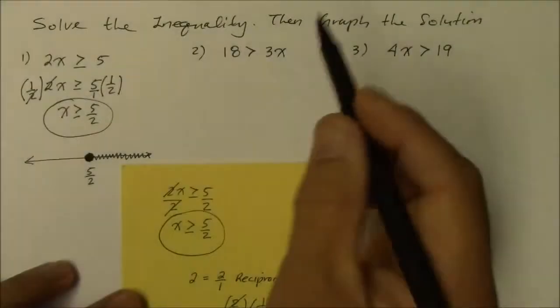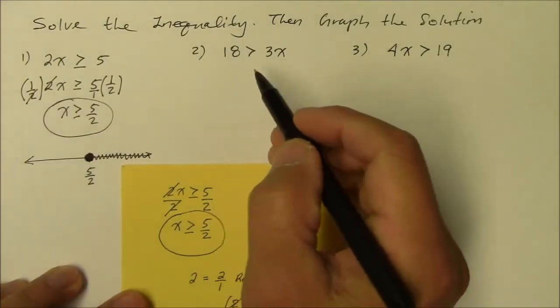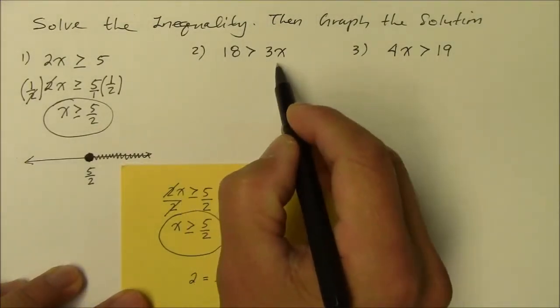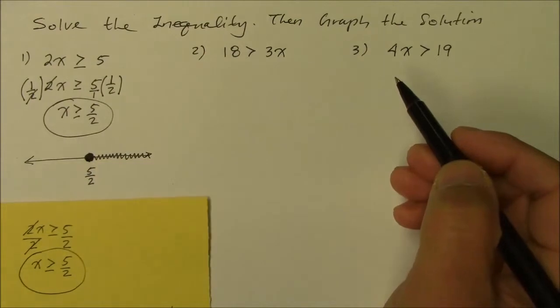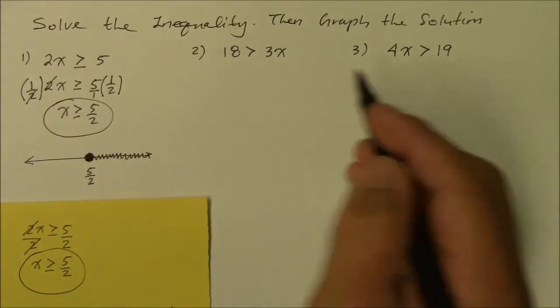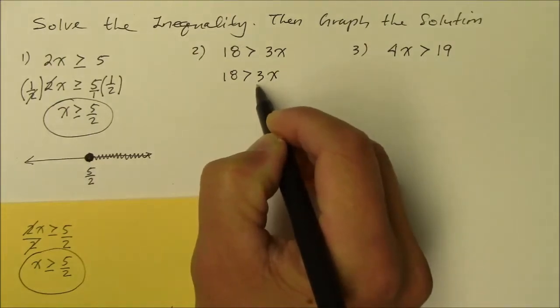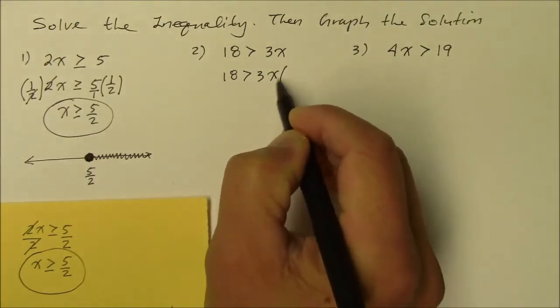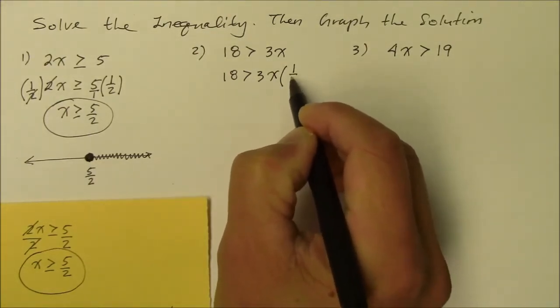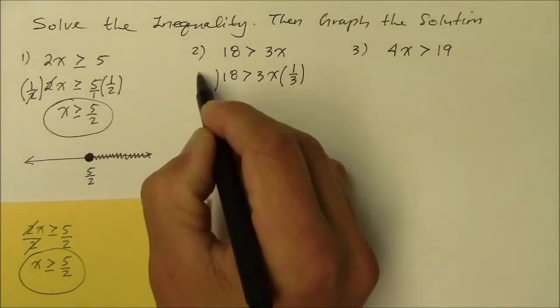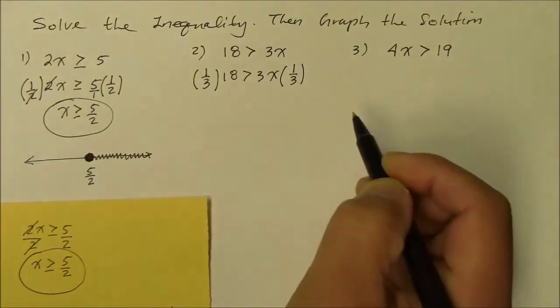All right. So in order to solve this, you would divide by the 3 in the past, right? But to try to get to the new way of doing this, what I encourage is to take that coefficient 3 and multiply its reciprocal, which is 1 over 3, to both sides of the inequality.